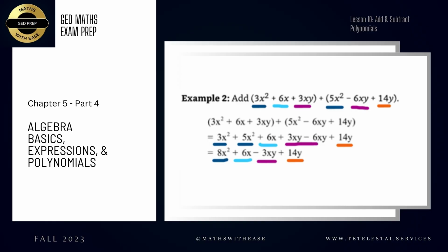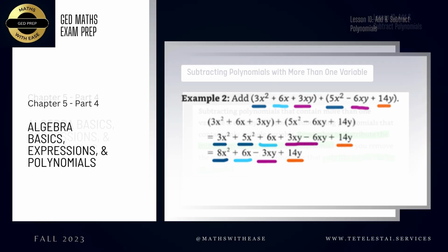Then we check our expression again. The only thing left over is 14y, and there's no other term in our original polynomial that just has y. So we write down 14y and we're done. This is the final answer to this expression.